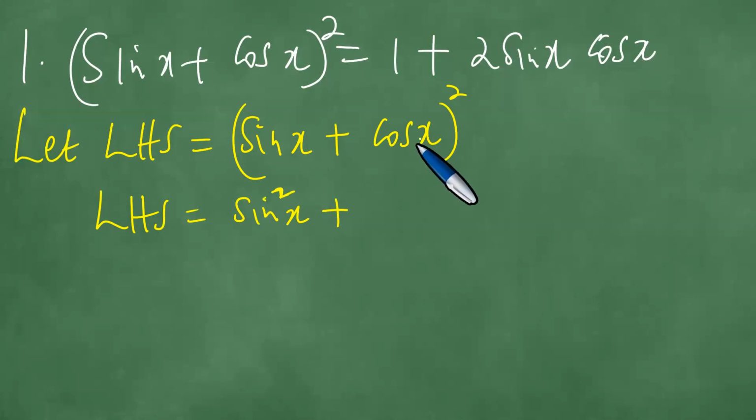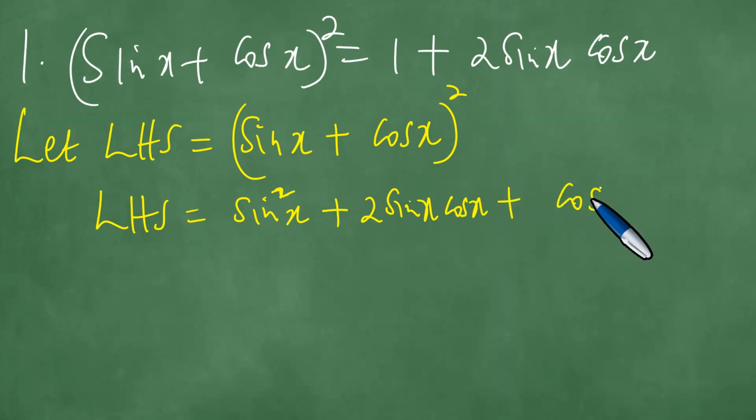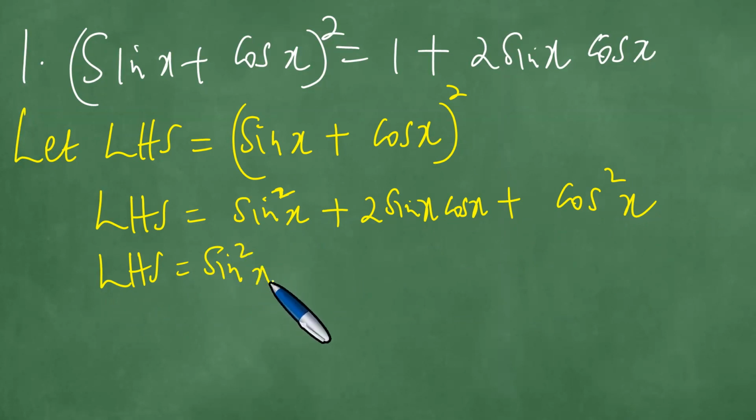Then you have sine x times cosine x times 2, which is 2 sine x cosine x, plus you square the cosine. Now you can group like terms together, obtaining sine squared x plus cosine squared x plus 2 sine x cosine x.